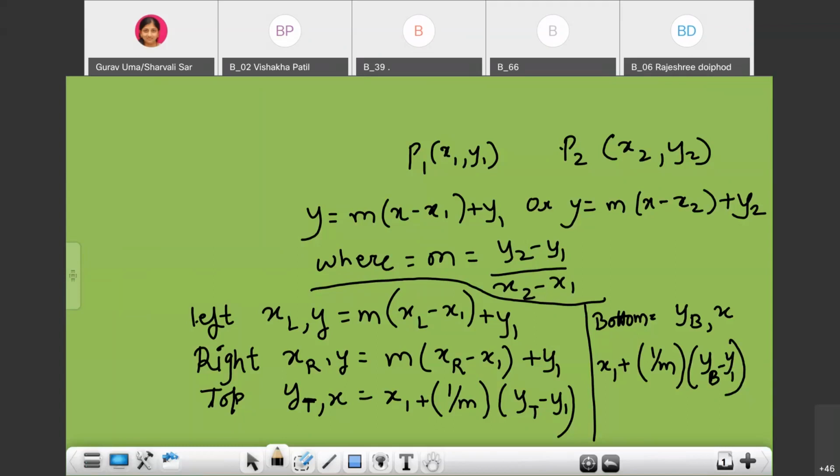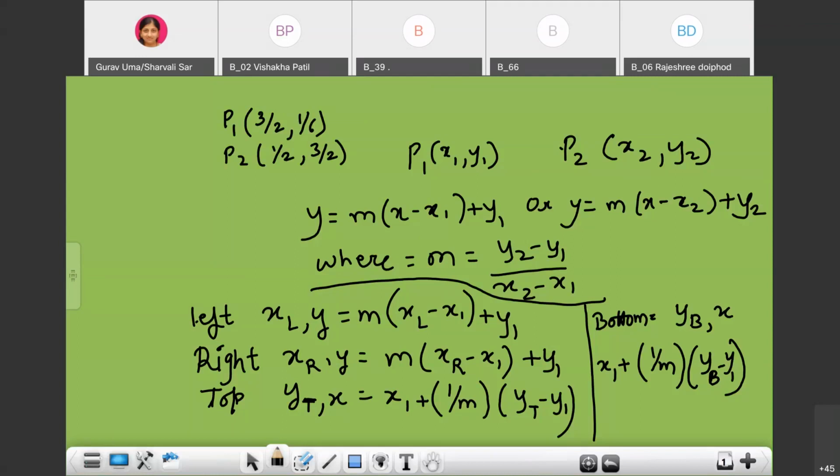Now let's take one example having P1. P1 is (3/2, 1/6), whereas P2 is (1/2, 3/2). So these are the points which are already given. Now we have to calculate the slope.